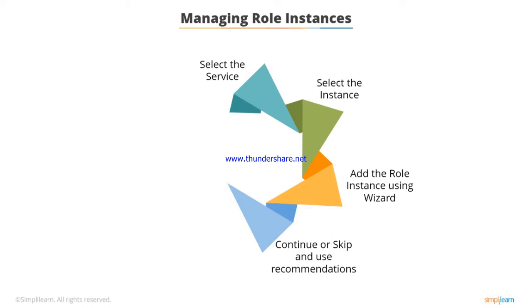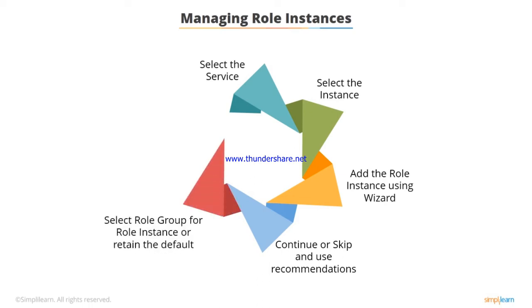The wizard completes the necessary actions to prepare the cluster for the new role instances. The new role instance is configured with the default role group for its role type. To change the role group, on the Role Groups page, under the Configuration tab corresponding to the service, select a different role group for the role instance. On the Instances page for the service, start the role instances.